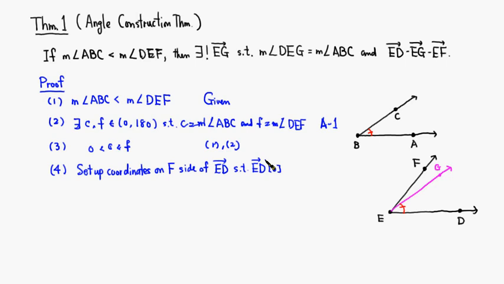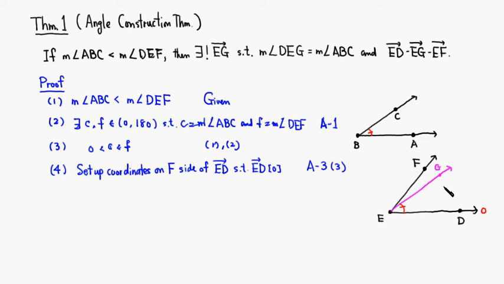So this comes from A3 part 3. Basically we set up a coordinate here such that this has coordinate 0. So we could do that.